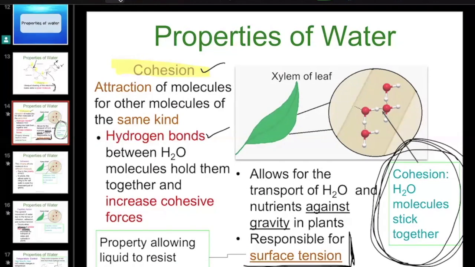We talked about doing a belly flop in a pool and how when you do that, it hurts a lot because you have a large surface area coming in contact with the large surface area of the water. And because of this hydrogen bonding, it creates this surface tension, and the water wants to resist the force of your belly.